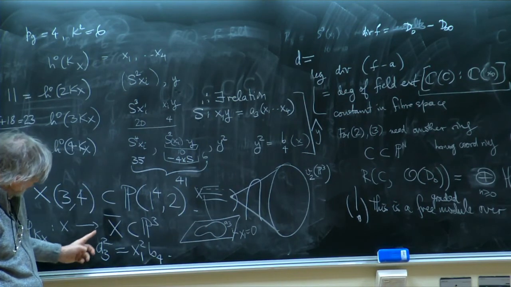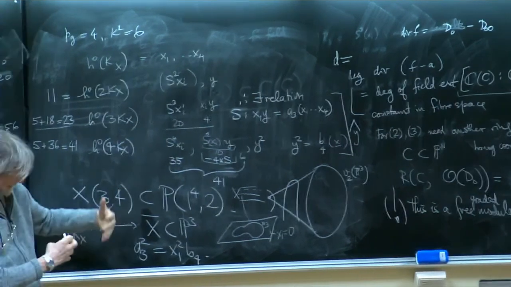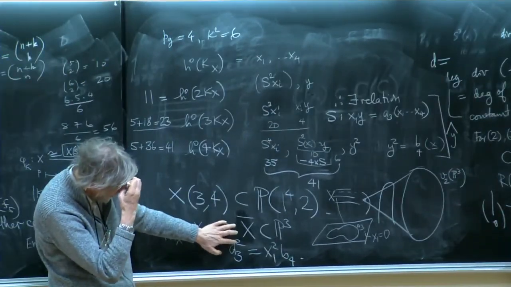So who is X? I can take this picture and normalize, the normalization in the ordinary, local sense.